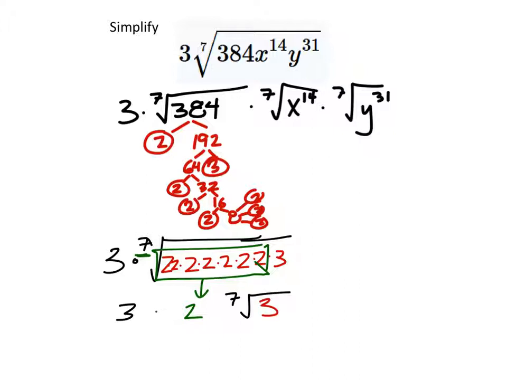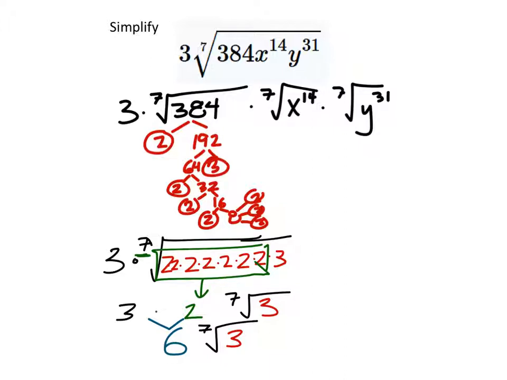I had no other groups of 7 to combine with. And I've got the 7th root of 3. Well, 3 times 2 is 6. So 6 times the 7th root of 3. Well, that was just the numbers on that. Some of you did the 7th root of 384, and your calculator gave you 2 times the 7th root of 3, but whatever.